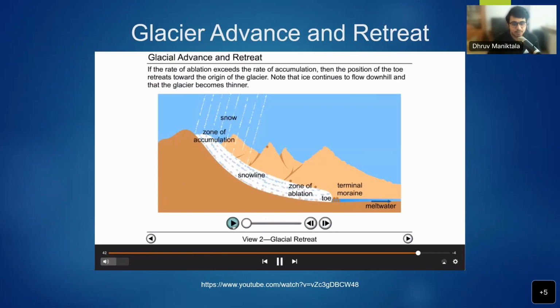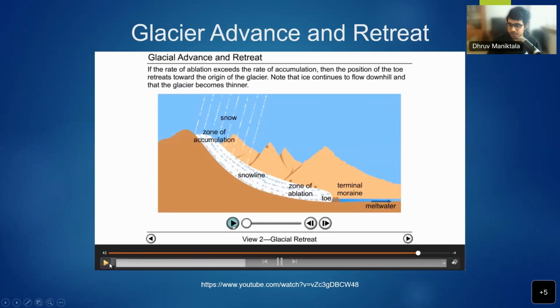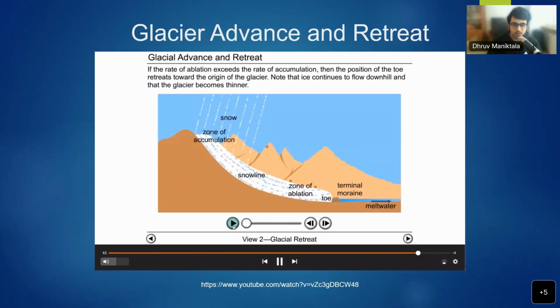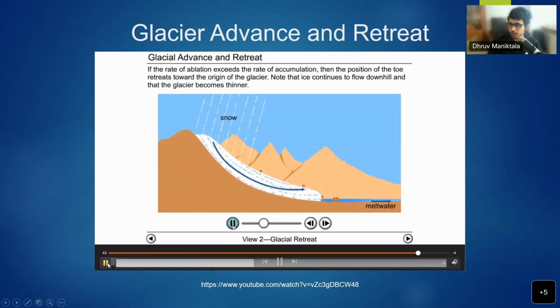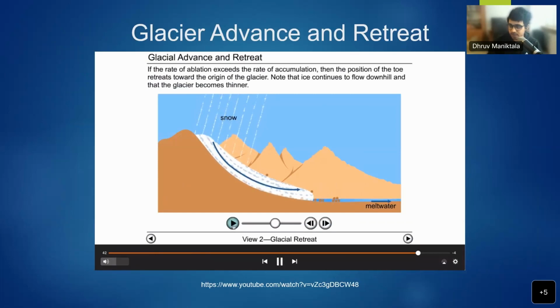The melting is happening faster than the amount of snow being accumulated at the top of the glacier. This results in the backward movement of the glacier from the toe, which means glacier retreat. That means the glacier is slowly becoming smaller, and the snow and ice flow is still downhill. We can see that again in the animation here.